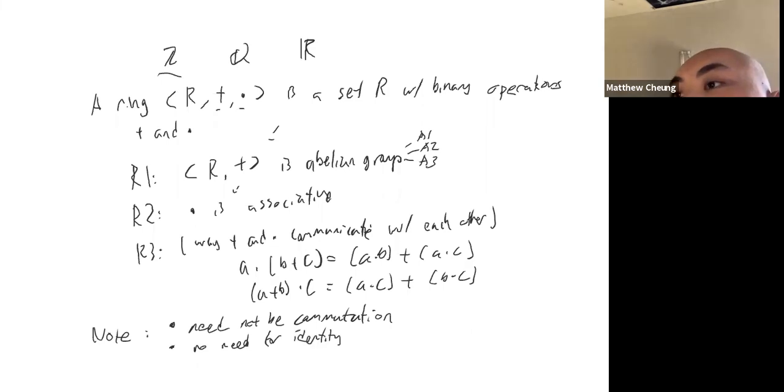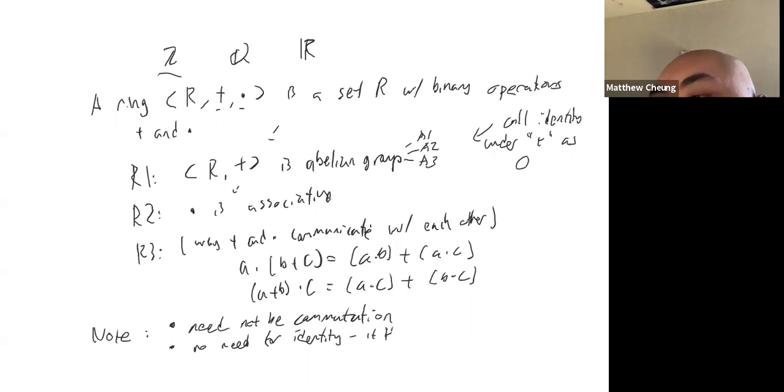By the way, we call the identity under plus 0. This is just notation. But some books, if there is a multiplicative identity, denote it as 1.